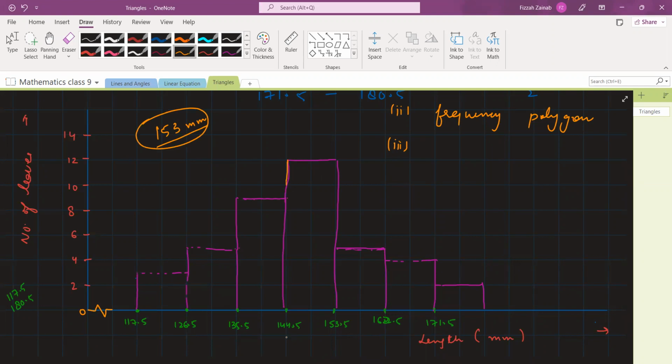It is starting from 144.5 and up to 153.5. In this whole range, the frequency is 12. So all the 12 leaves are not necessarily 153 long. It can be 146 long also, it can be 150 long also, it can be 152 long also. So we cannot say that all the 12 leaves are 153 long. Is that understood?